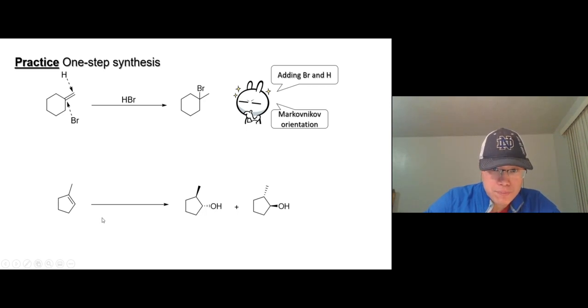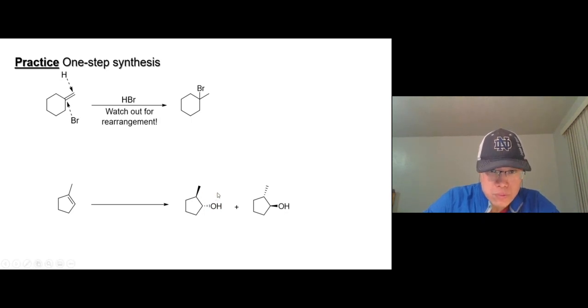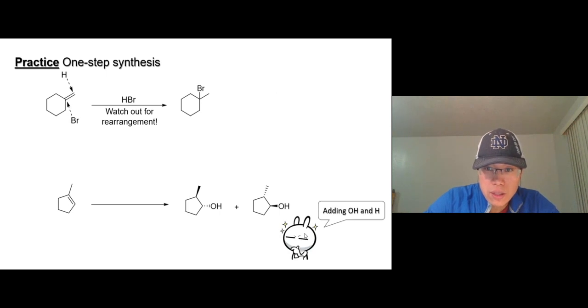What we got down here. Analyze it real quick. We're adding OH for sure, and also the hydrogen behind it. So we add an OH and a hydrogen, and the orientation is anti-Markovnikov. Markovnikov would have gone to the carbon in the middle right here, the more substituted carbon, but OH goes here.